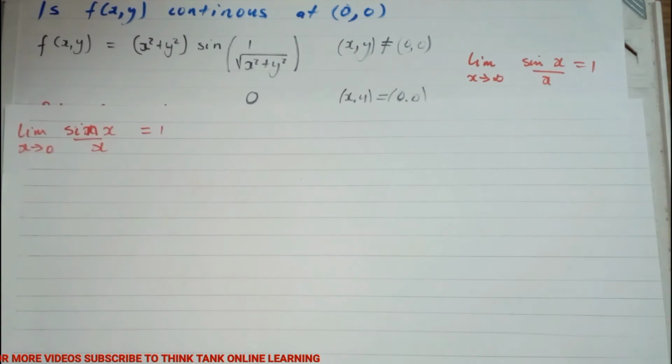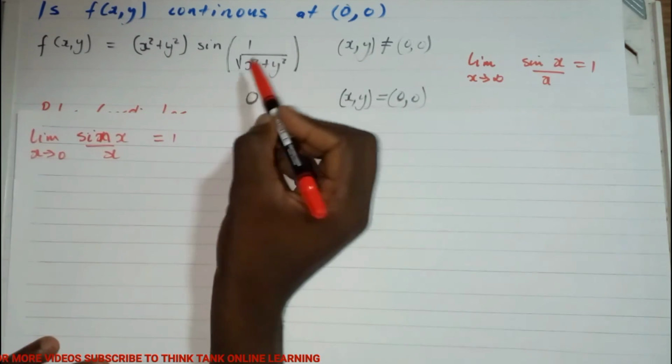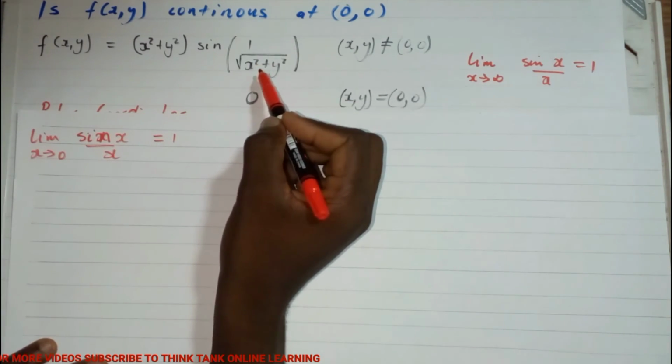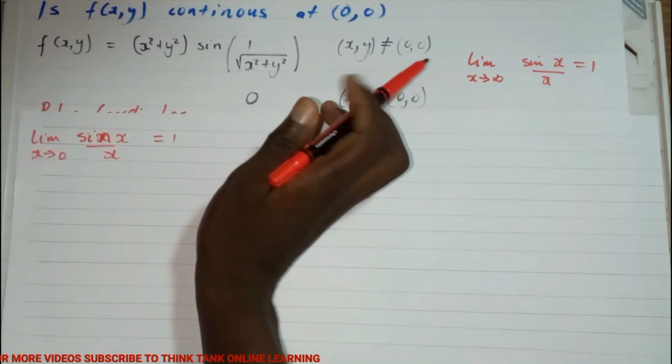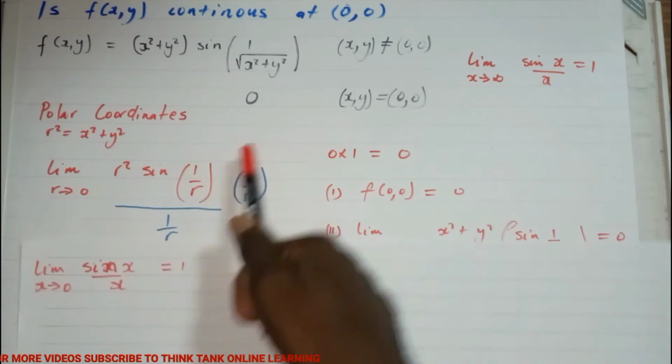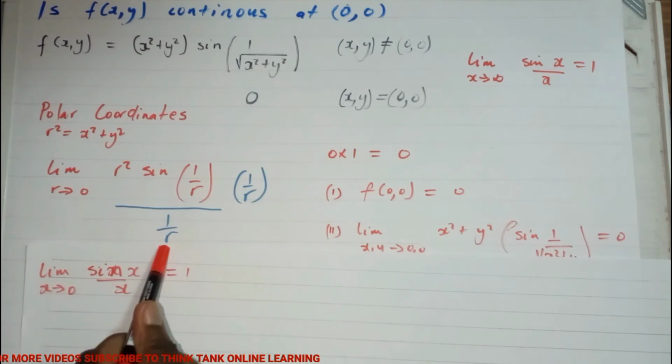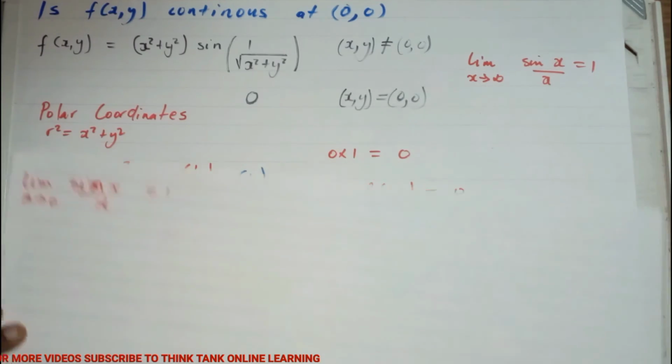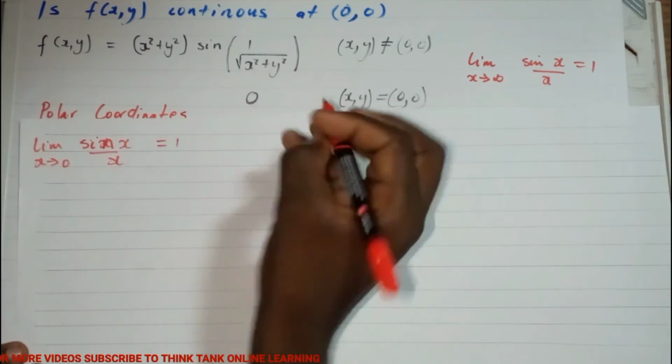Okay, so what do you want here? We have this function. Now our limit, when you calculate this using polar coordinates, we divide by 1 over r squared. So here we want to divide.